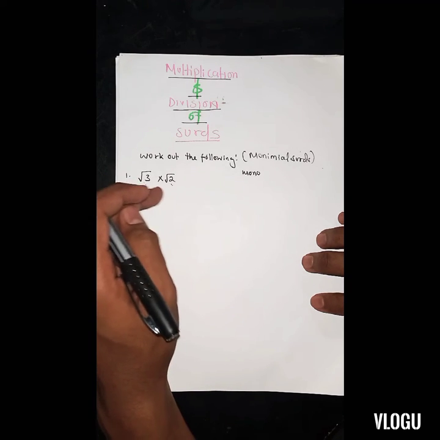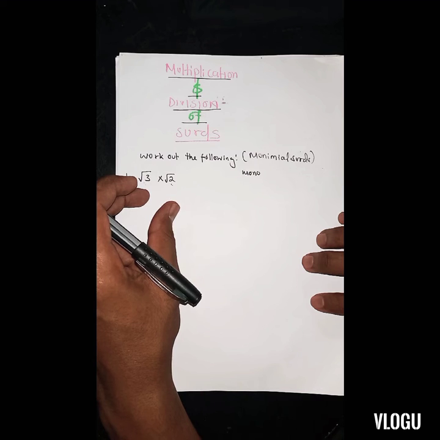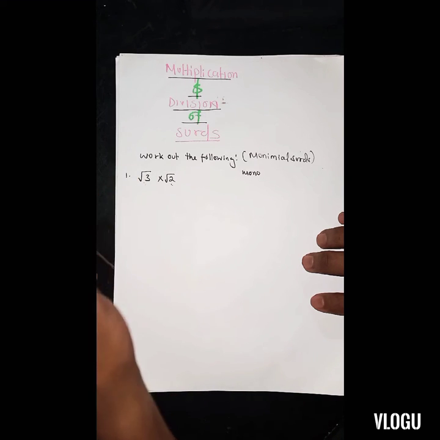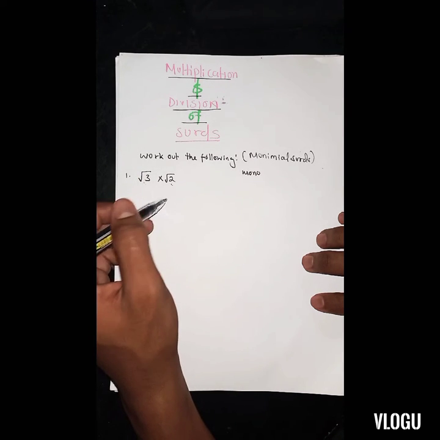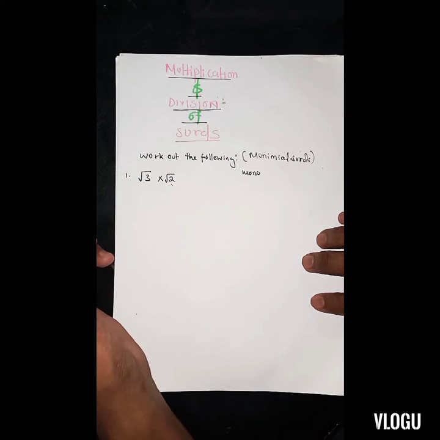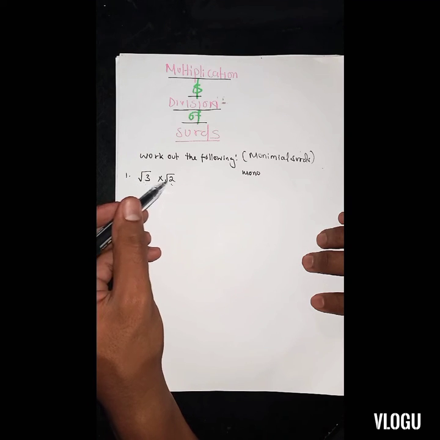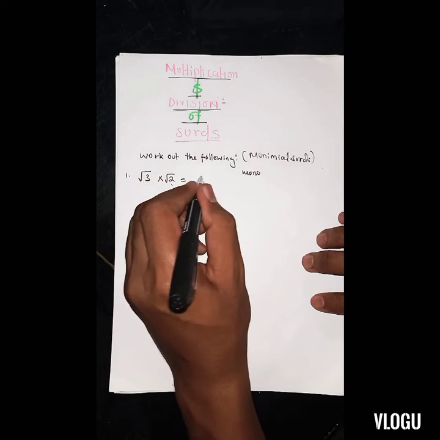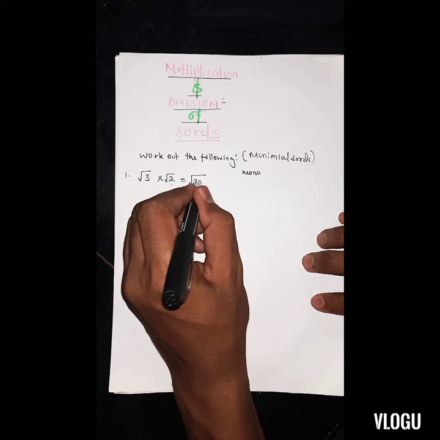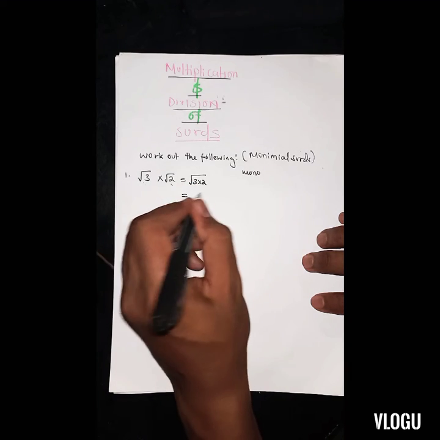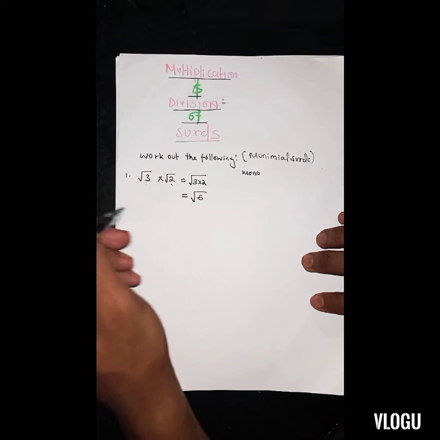As you can see, it's very easy to multiply or divide surds. Here we have root 3 times root 2. Very directly, without considering the roots, just look at the numbers, which is 3 times 2. So our answer will be root 6.